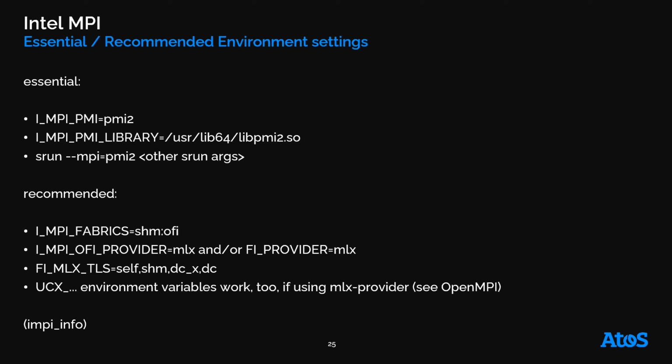First, you specify that it should use PMI, in this case PMI2, and point the library to the PMI library that manages the processes launched by srun. Then you have to tell srun to actually use the PMI2 interfaces.